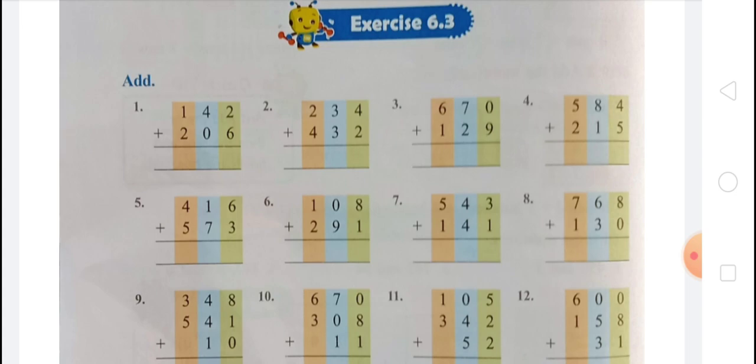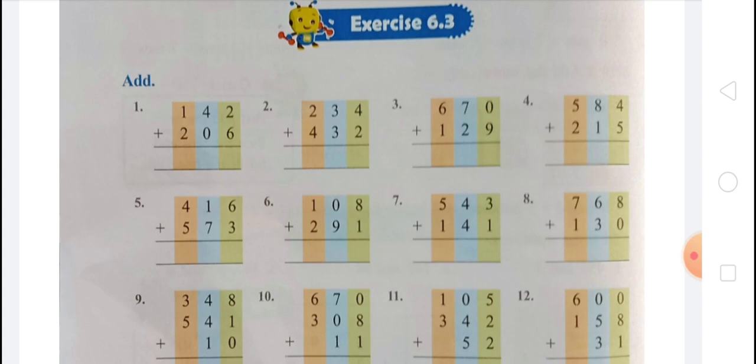And after that in the second step we have to add the tens, that are 8 and 1. So 8 tens plus 1 ten equals 9 tens. So there will be 9. And after that there are hundreds. So 500 plus 200 is 700. There will be 799.